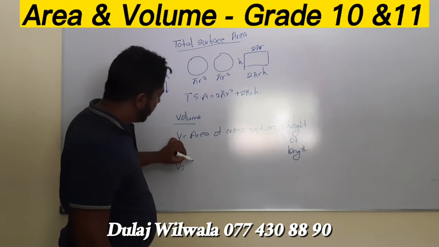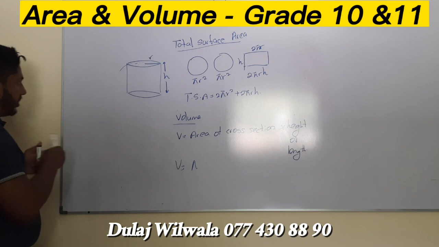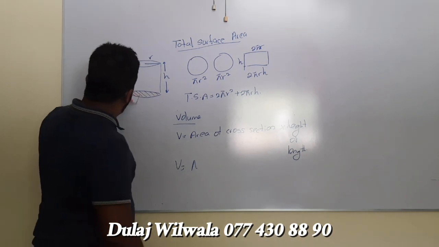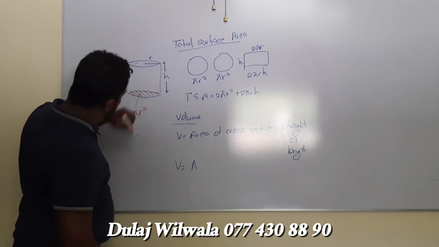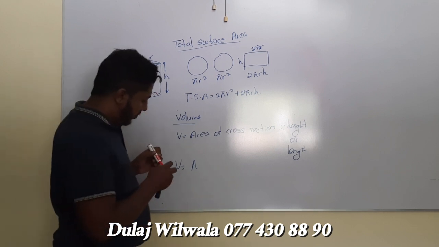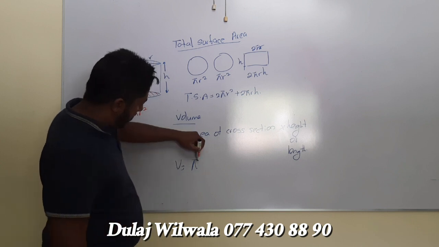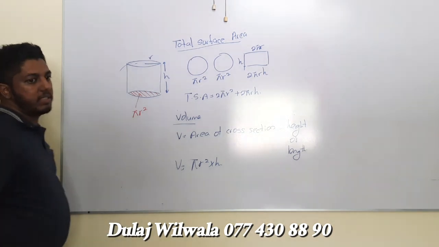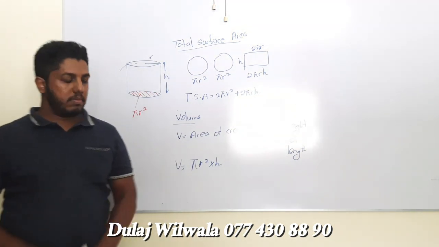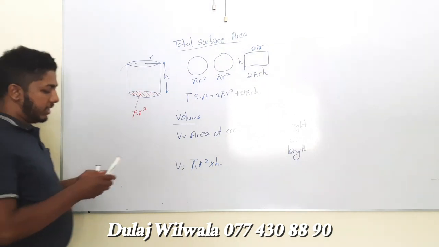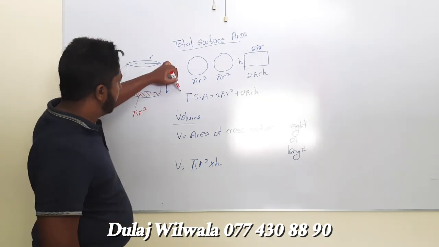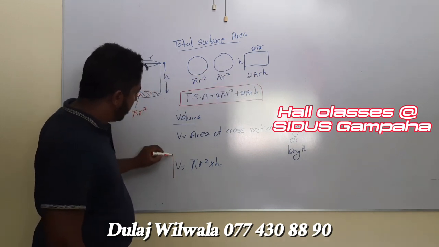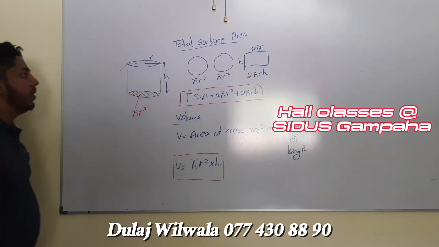So volume will be, here the cross sectional area is pi r squared, so pi r squared into h, the height h. This is the total surface area, and this would be the volume.